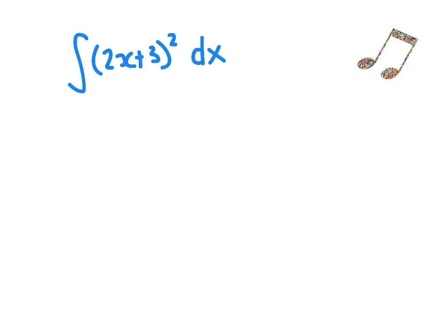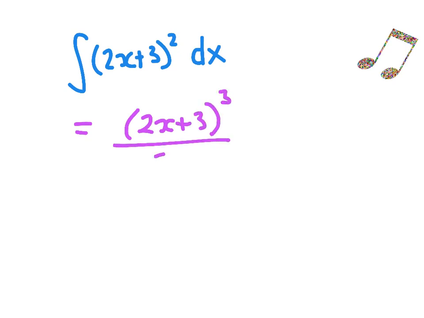For our second example, we've got 2x plus 3 squared. So we're going to leave the bracket as it is, and we're going to increase the power by 1, divide by the new power. Now we're going to check if we differentiate what's inside the bracket. Well, if we differentiate 2x, we get 2. If we differentiate the 3, we get 0.